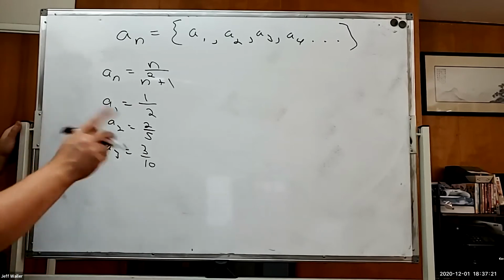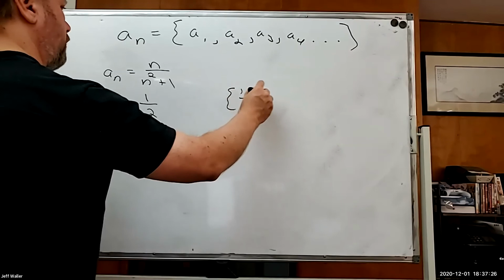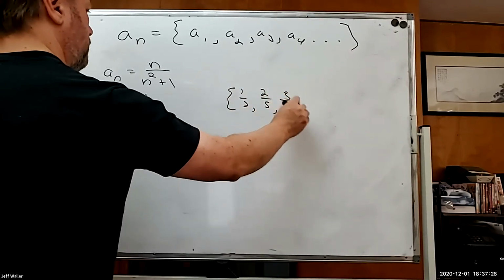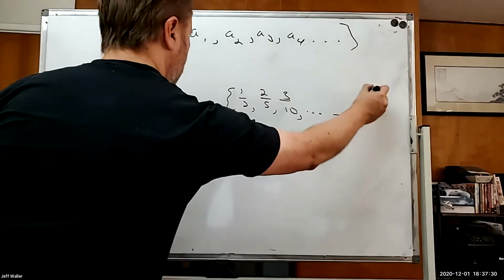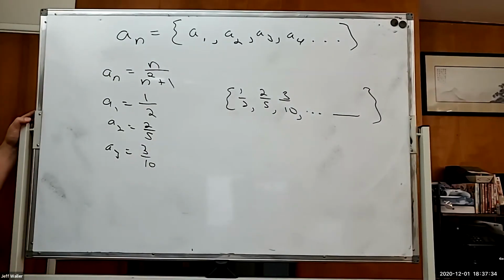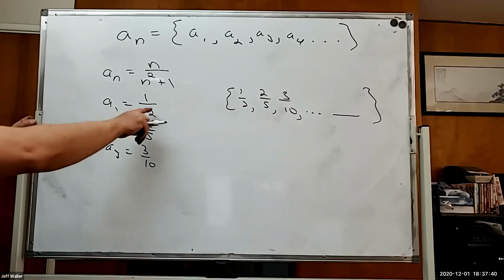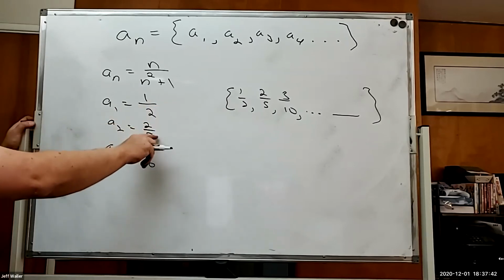And I can ask weird questions like, if I were to write this sequence out forever, does it seem to be approaching something? Are the sequence elements getting bigger or smaller?